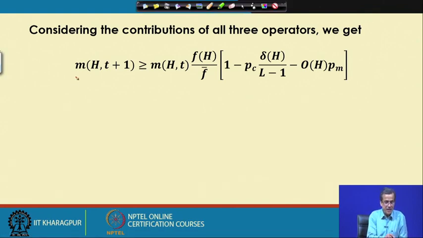The rule for updating is M H t plus 1 is greater than or equal to M H t multiplied by F H divided by F bar multiplied by 1 minus P c delta H divided by L minus 1 minus order of H multiplied by P m. Now, this is the probability of survival if I consider crossover as well as mutation.